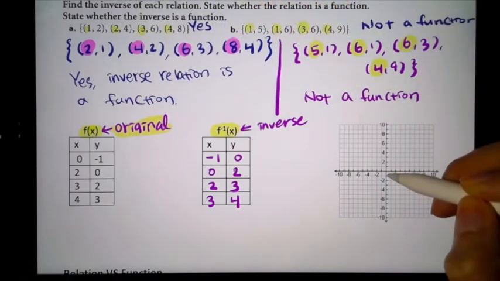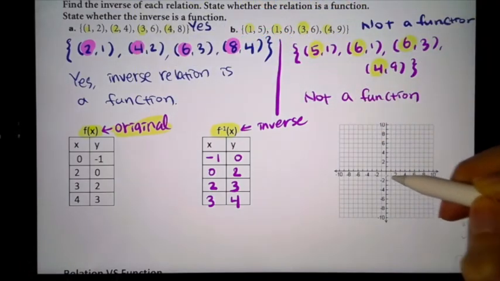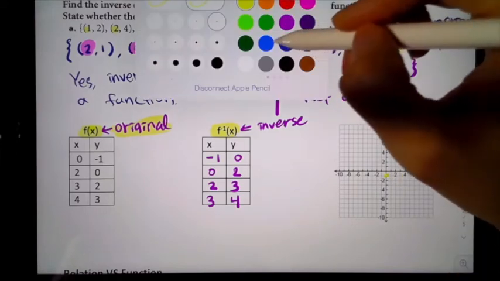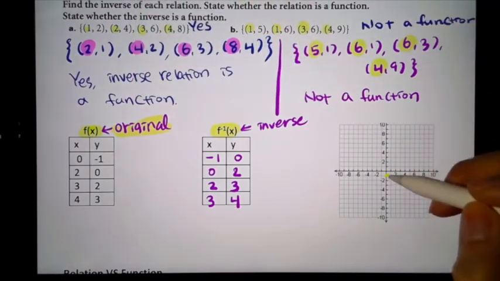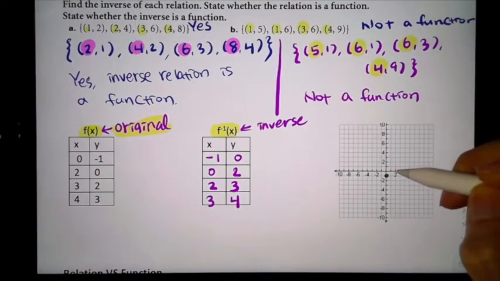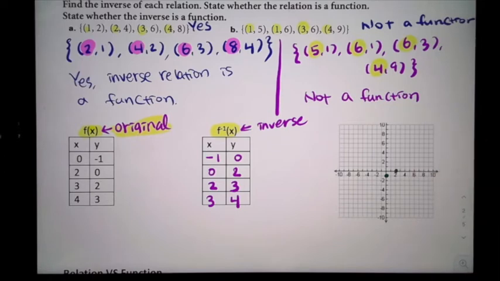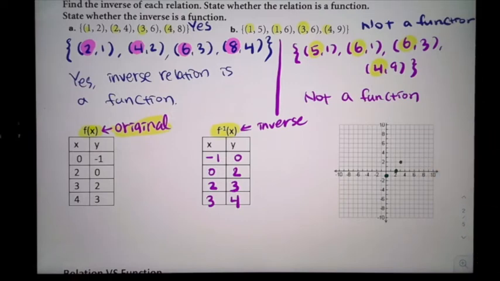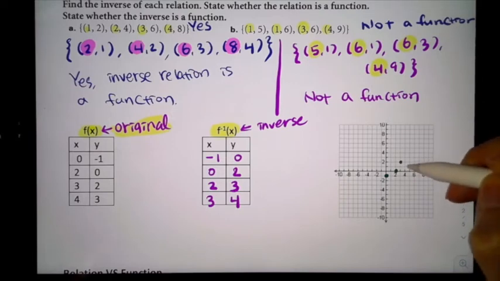So 0, -1 is right here, and 2, 0 is right here, and 3, 2 is over here, and 4, 3 is here.